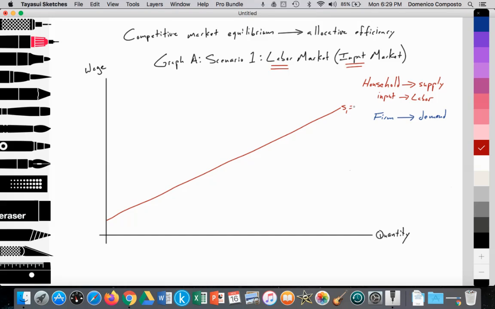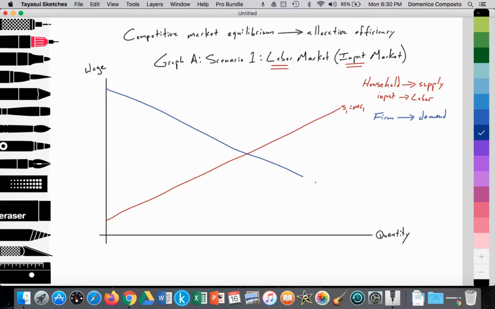Supply equals our marginal costs. And to acquire increased labor skills, that requires increased cost because you might have to go to school to acquire those skills. And so there is a cost incurred with higher skill sets for labor. And then we have the demand by firms for labor, sloping downward.